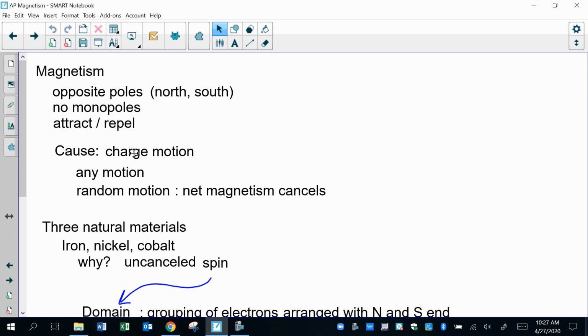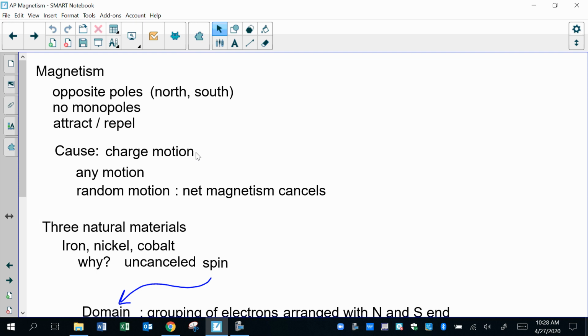Now, all of our magnetism is caused by charge motion. We know it's the electrons that do all of the moving. We still talk about positive charge flow when it comes to current and all that, but it's all based on our negatives. I can have straight line motion of charge like in a wire, or I can also look at the rotation of my individual electrons.